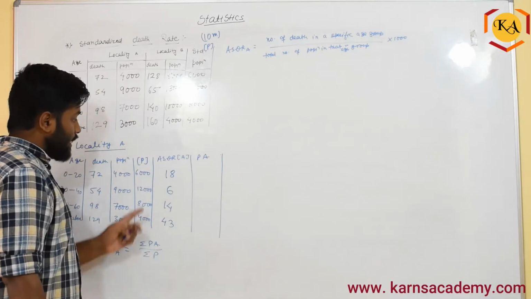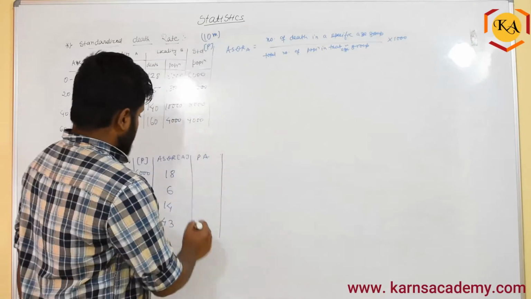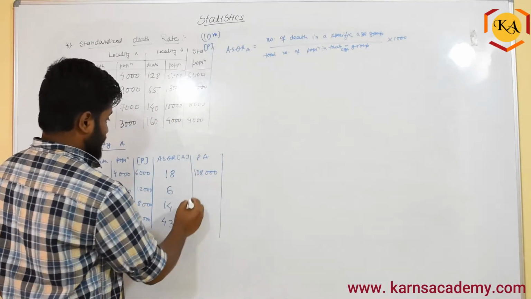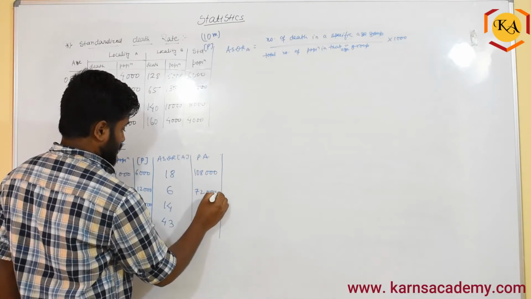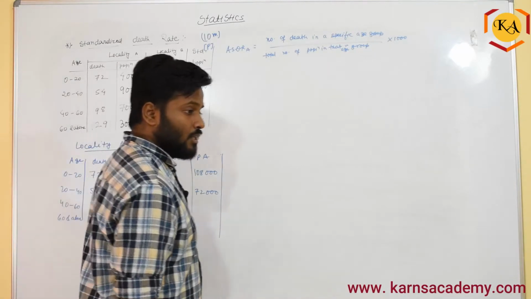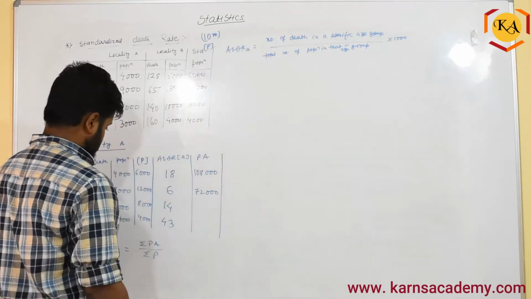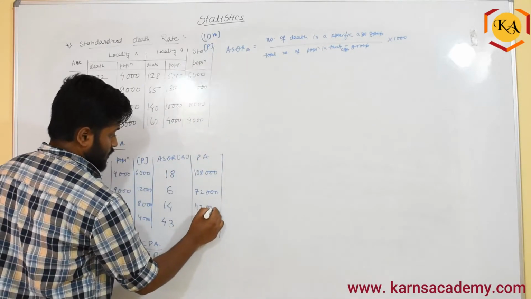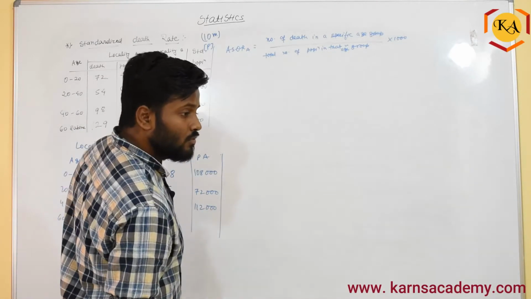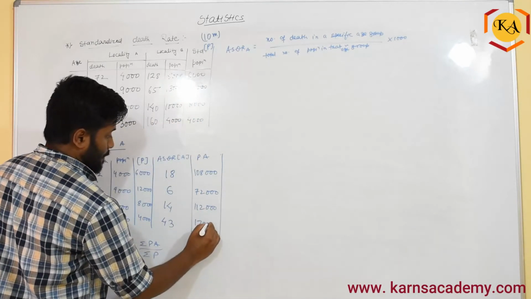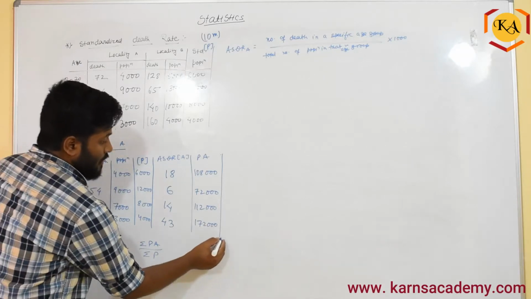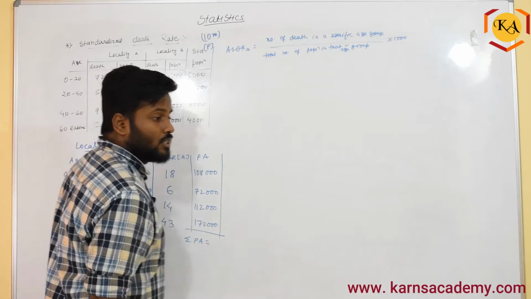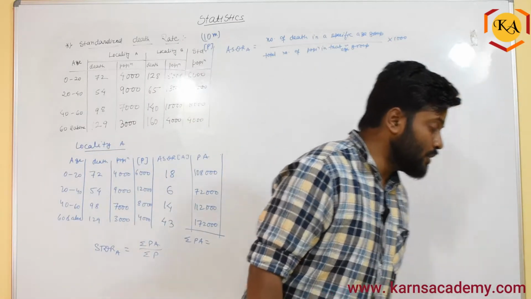When you multiply 18 into 6,000, 108,000; 72,000; 14 into 8,000, 112,000; 43 into 4,000 is 172,000. Now if I add all these values, I will get summation PA, which is 464,000.